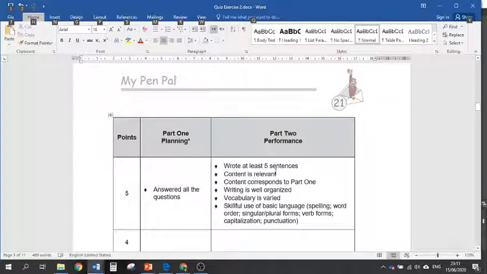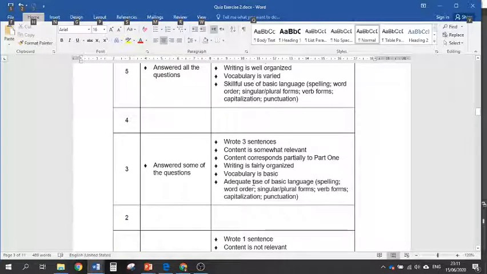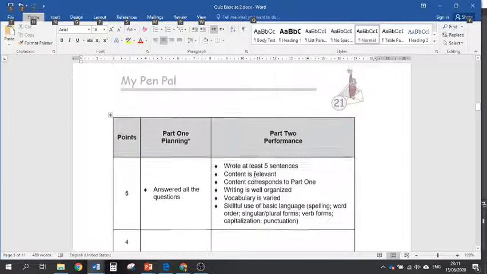In part 2, that they wrote at least 5 sentences, that the content is relevant, the content corresponds to part 1, that the writing is well organized, the vocabulary is varied, and of course that there is a skillful use of basic language with spelling, word order, singular plural forms, and etc. If students missed one of these requirements, then you have to take off points, but you know on what you're taking and why you're taking points off, so you can explain to your students.